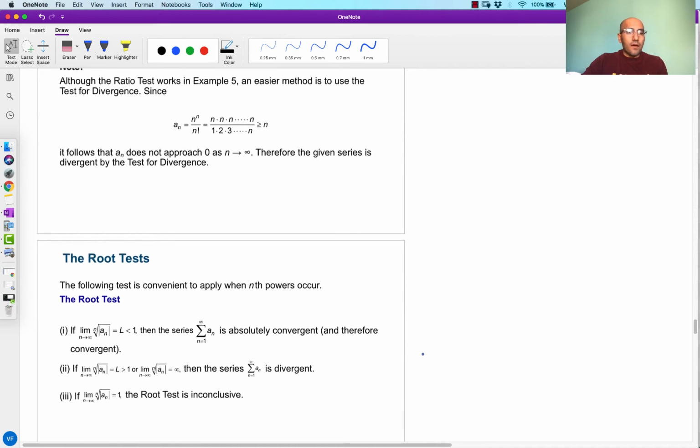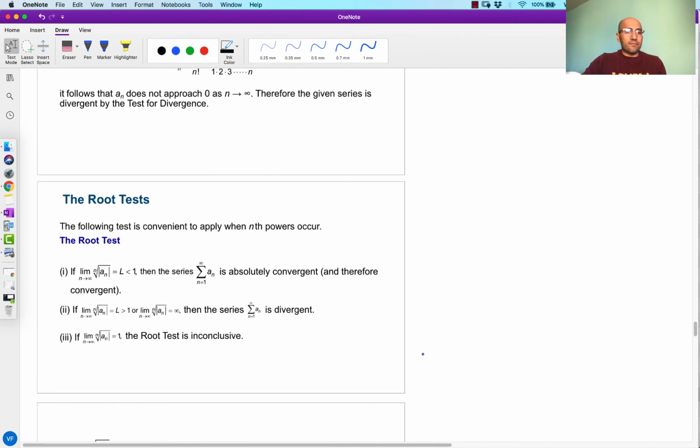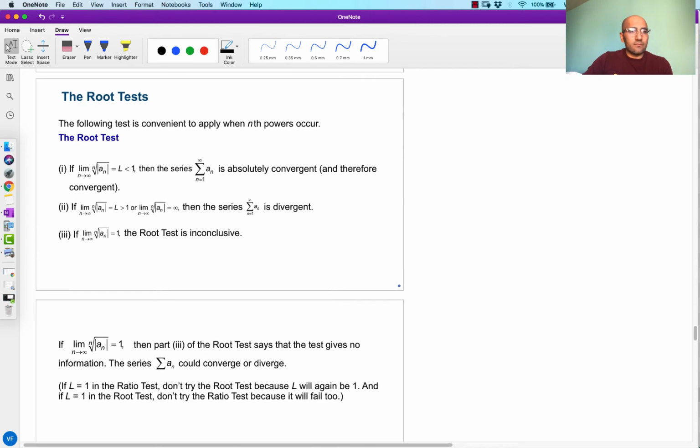Okay. Next, the root test. The following test is convenient to apply when the nth powers occur.